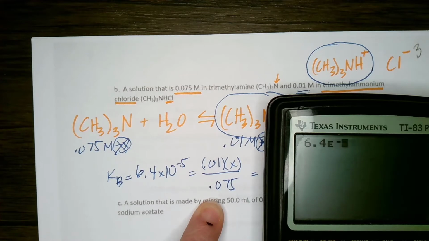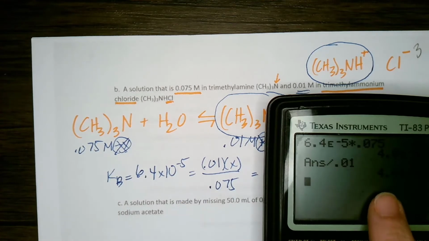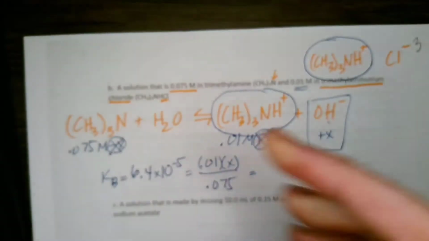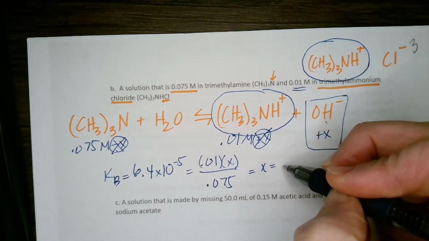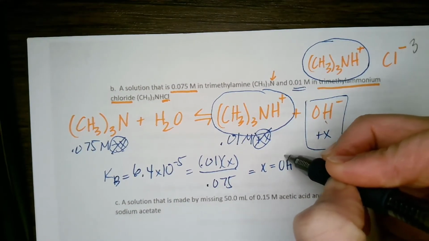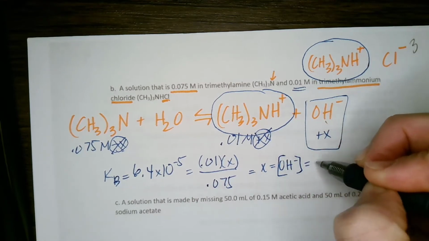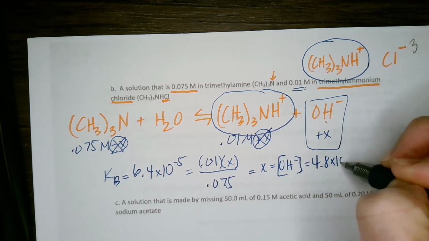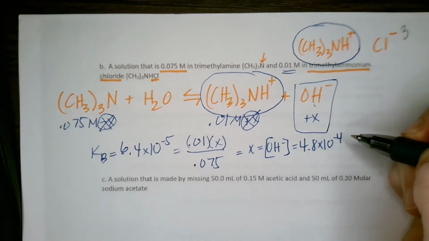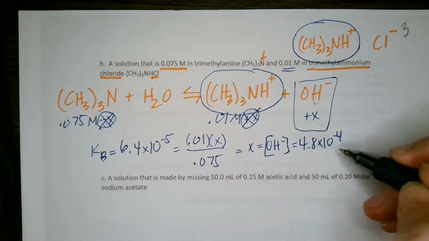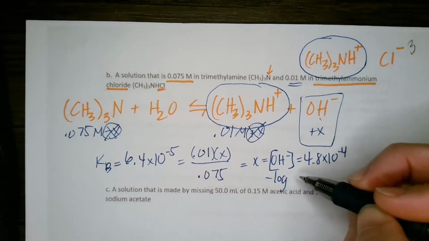So we need 6.4 times 10 to the negative 5th times 0.075, and then divided by 0.01. So we have an x value of 4.8 times 10 to the negative 4, which is our OH minus concentration, 4.8 times 10 to the negative 4th.